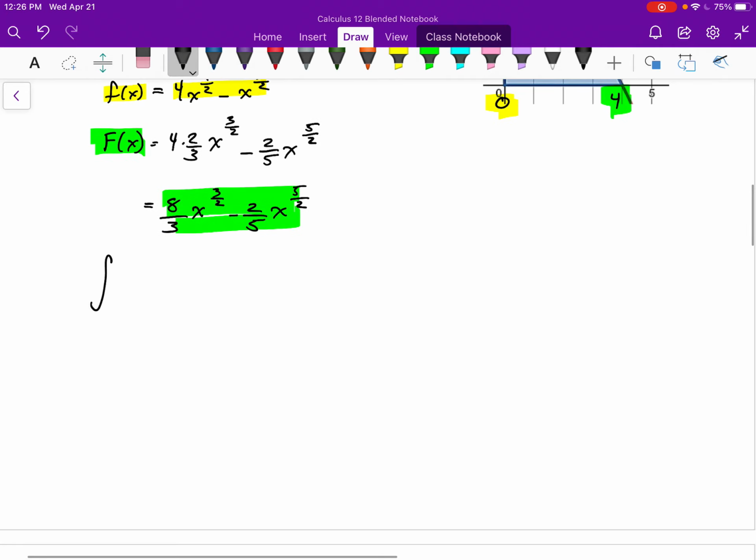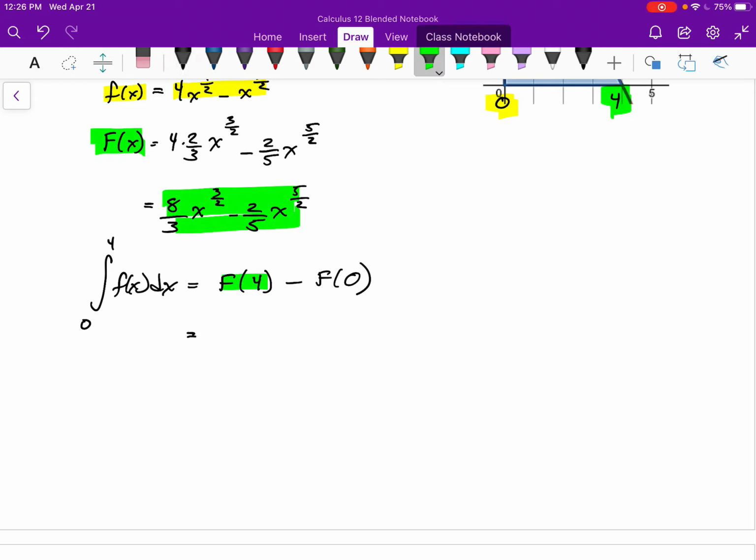Therefore, the integral from 0 to 4 of f of x dx is going to be the same as big F at 4 minus big F at 0, which in this case is 8/3 times 4 to the 3/2 minus 2/5 times 4 to the 5/2, and all of that is F at 4, minus the same idea with 0.